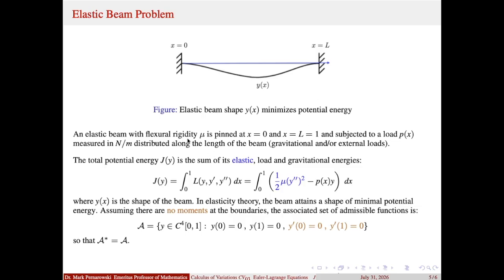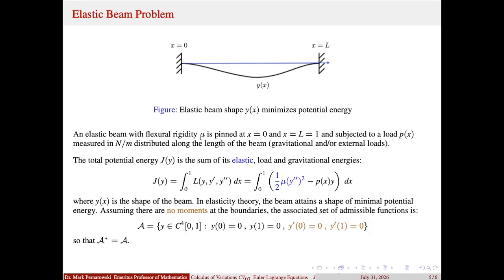So there's some theory in elasticity theory concerning this whole problem, and the theory is physics. It has its own assumptions. It's not really something that you derive per se. At some point, physics just is a set of assumptions.